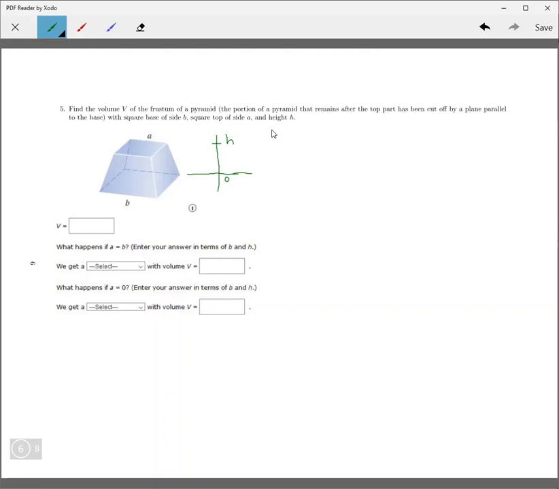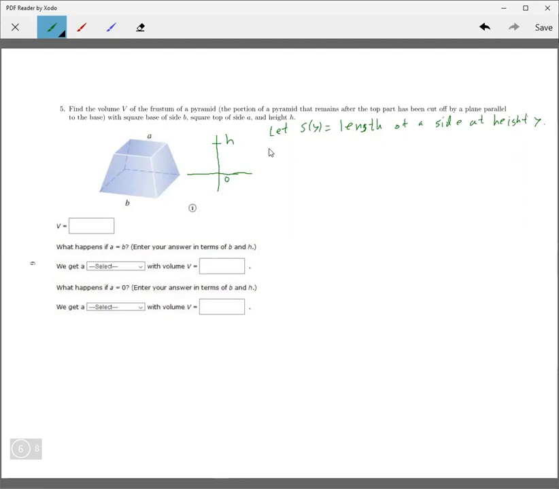Okay, so let's do this. Let's let s of y equal the length of a side at height y.